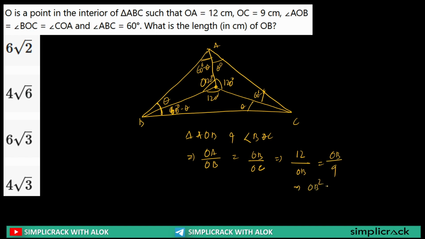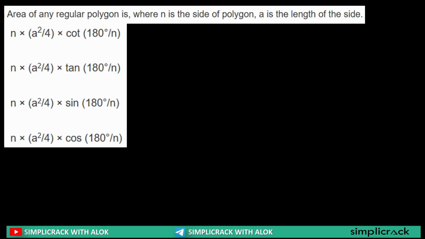So OB square is equal to 12 into 9. OB is equal to the square root of 4 into 3 into 9, that is 2 into 3 root 3, 6 root 3. So OB is 6 root 3.